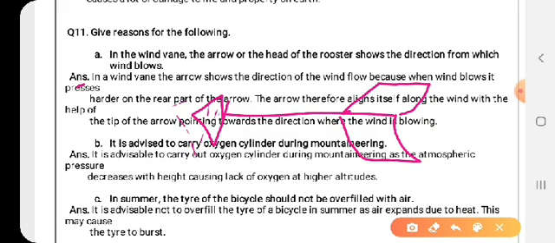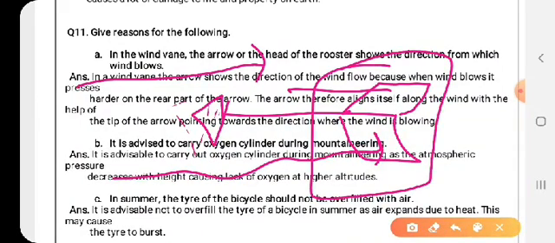What happens when the wind starts blowing? It hits this part, and it gets bent towards the direction in which the wind is blowing. So the arrow is always pointing towards the wind.